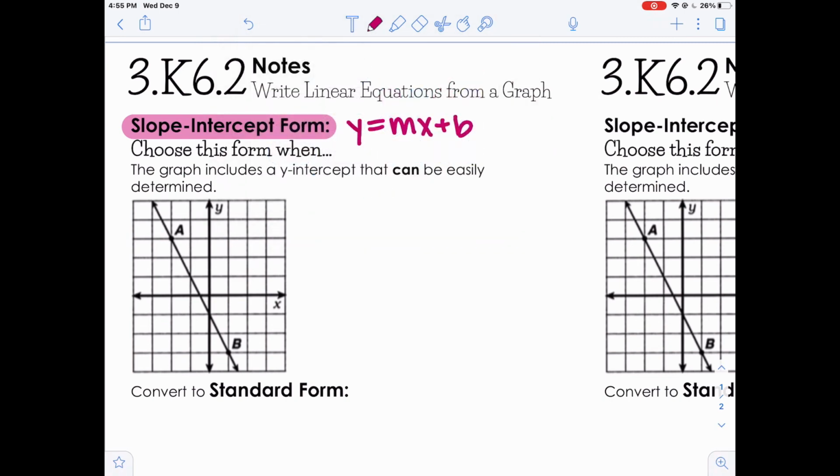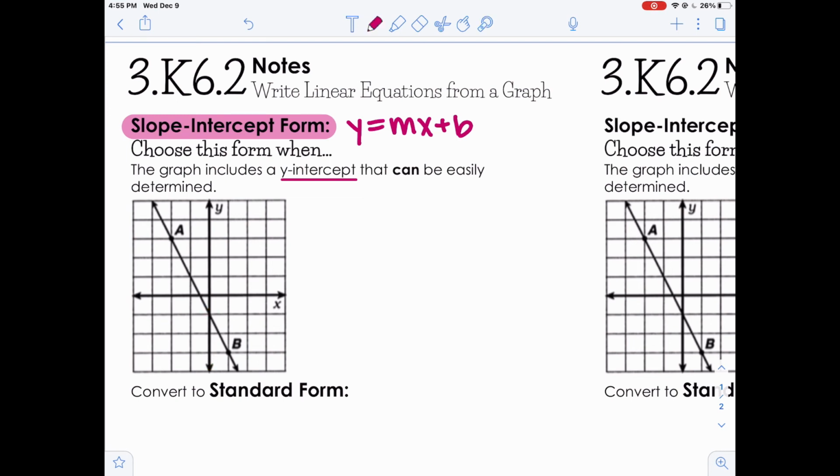Okay, we want to write an equation in this form from a graph if we know a y-intercept. If we have a y-intercept that can be easily determined, that means there's no fractions, no guesswork behind it. Like on this graph right here, I'm looking across my y-axis, and I notice it crosses at a nice, good spot.